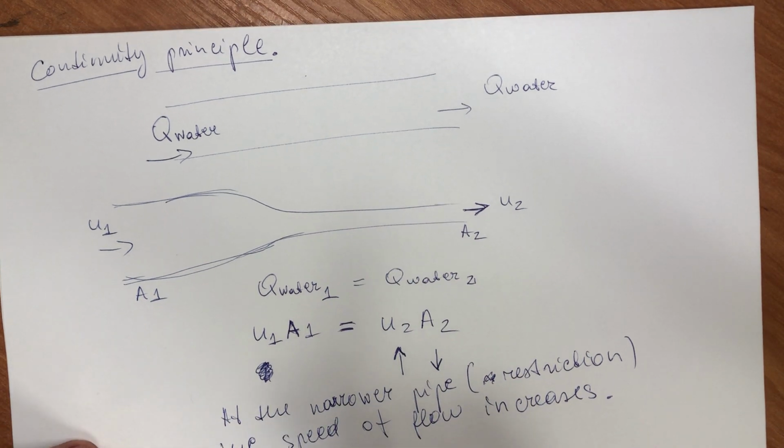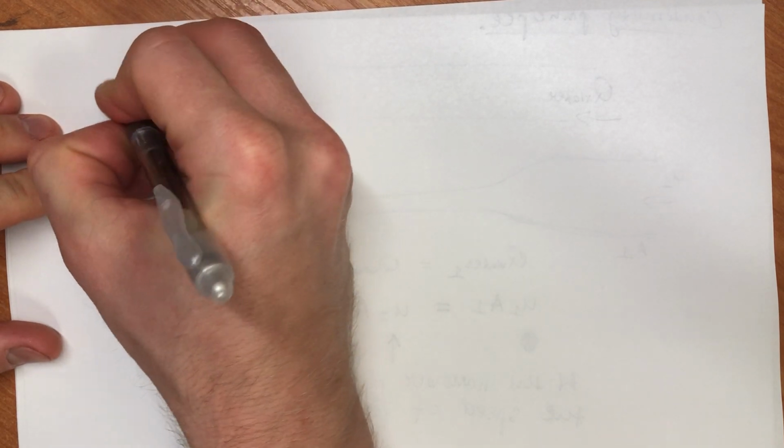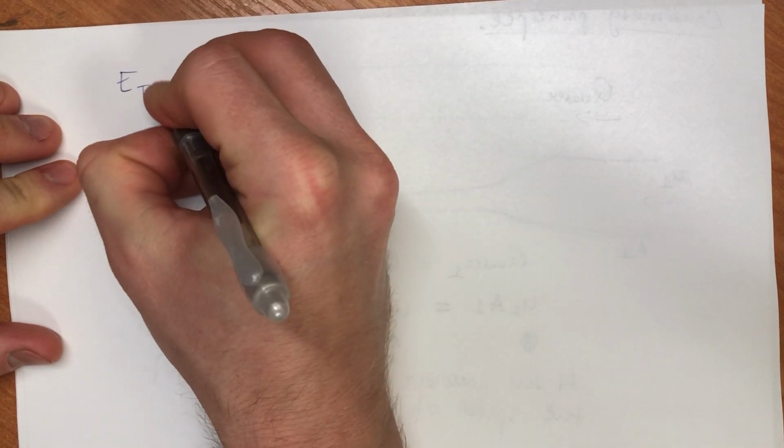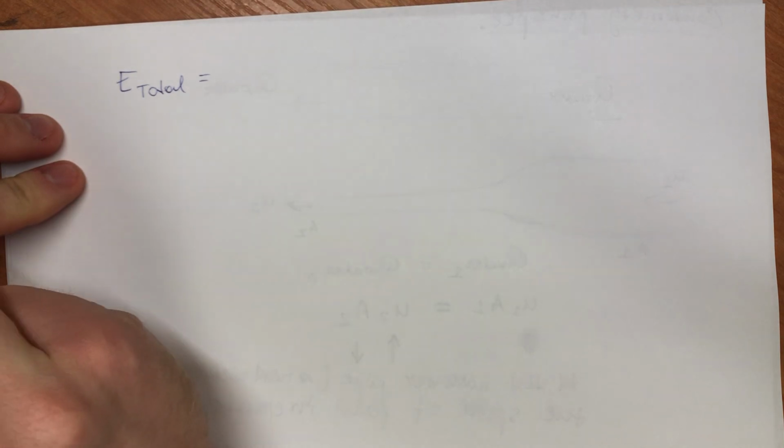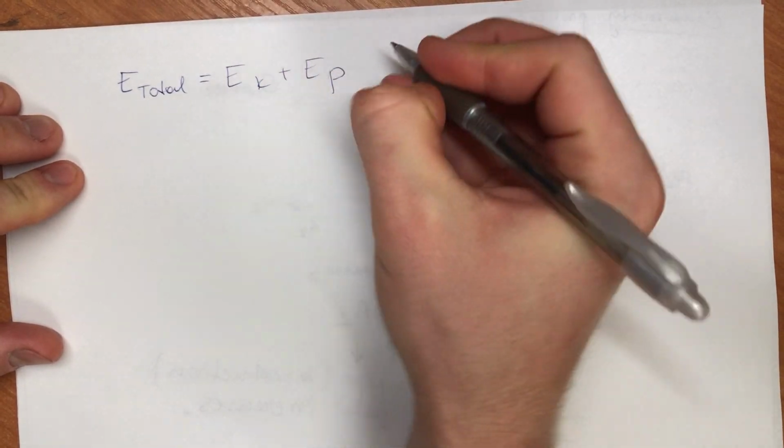Now, the last thing I want to tell you is Bernoulli's equation, and it tells why planes fly. As you remember, total mechanical energy was kinetic energy plus potential energy, and it was constant.